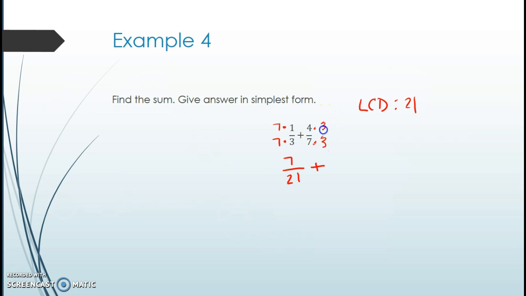And whenever I do the denominator, I have to multiply the numerator by it. And so then 4 times 3 is 12, and again 7 times 3 is 21. From here, we just do like we did in our last example. 7 plus 12 gives us 19 over 21. I cannot simplify, nothing goes into 19 and 21, and so that's our final answer.